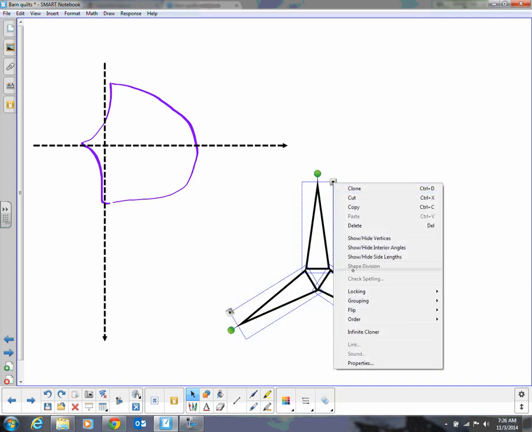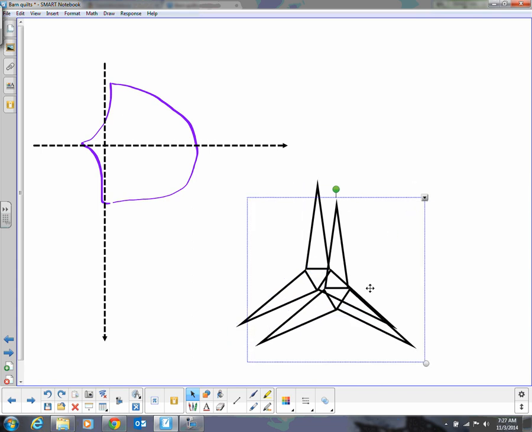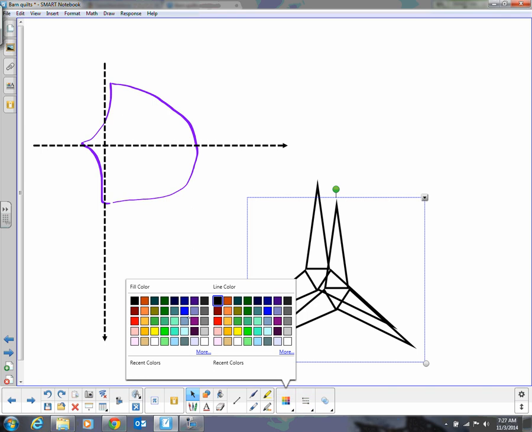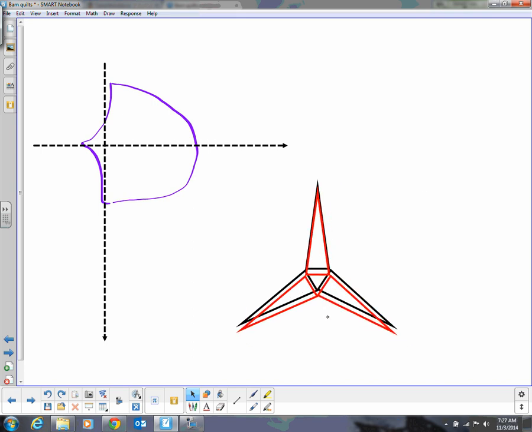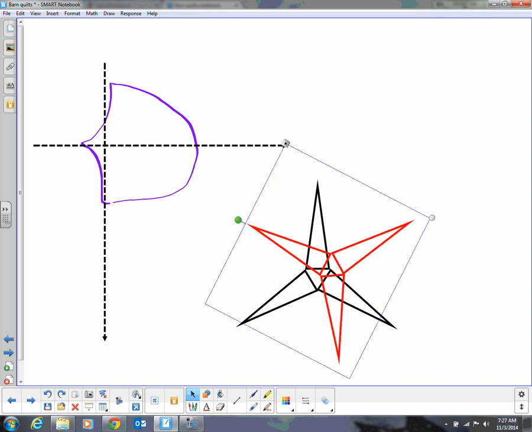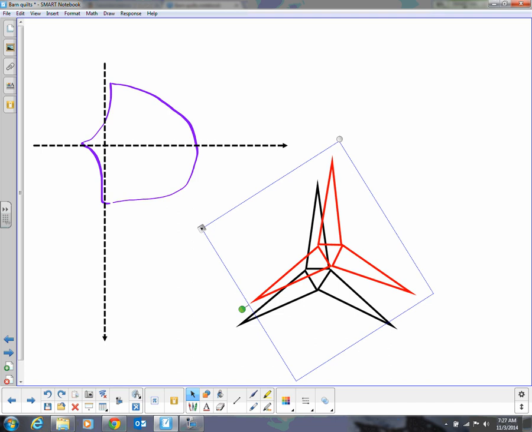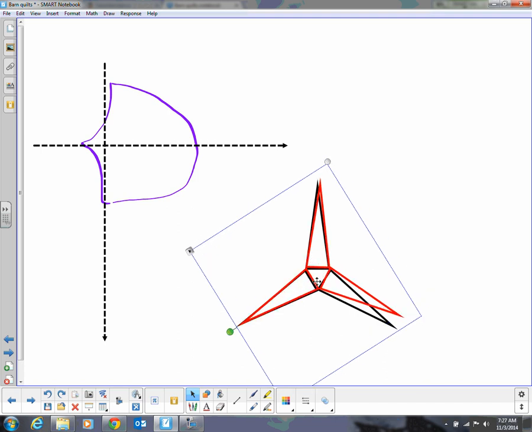If I were to group this, and I were to clone it, I wonder if I can make it a different color. All right, so the question is, if I were to rotate it on its center point, should it fall on itself if I drew a good picture?